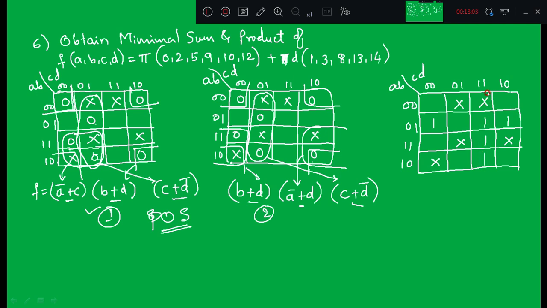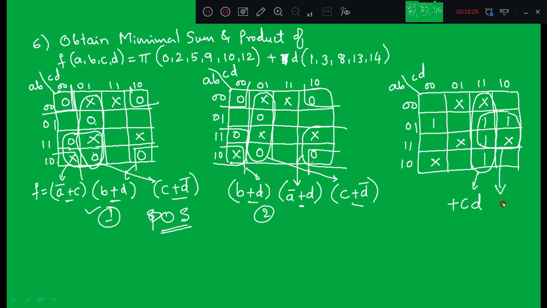So now try to group. Only one method of grouping is possible. These 3 ones can be covered with that don't care. And what is the expression? It is CD. Expression is CD, and these 3 min terms can be covered with this don't care, and I can put them in one group, right?